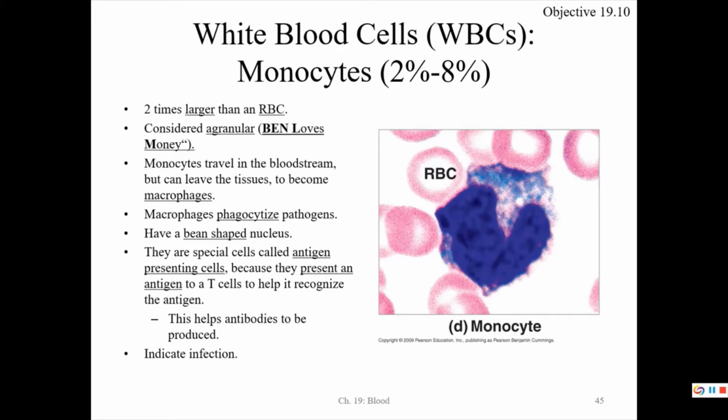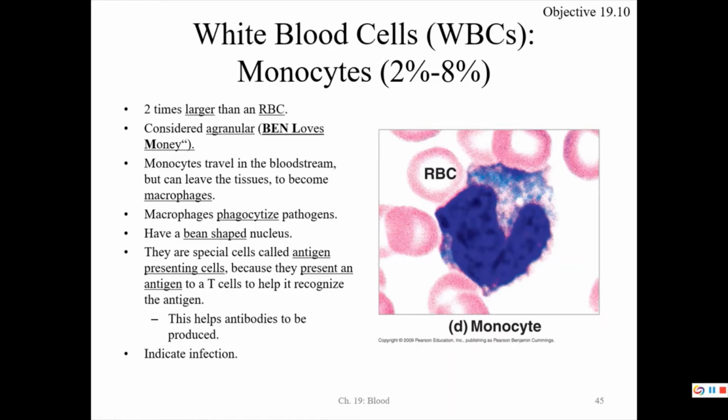Now we have what are called monocytes. Monocytes are massive. They are 2 times larger than a red blood cell. They are agranular, though you could see some, but Ben loves money. They are considered agranular because they have few granules compared to others.